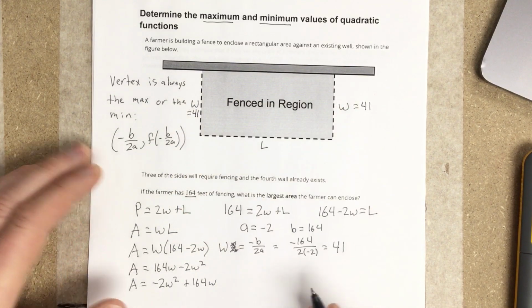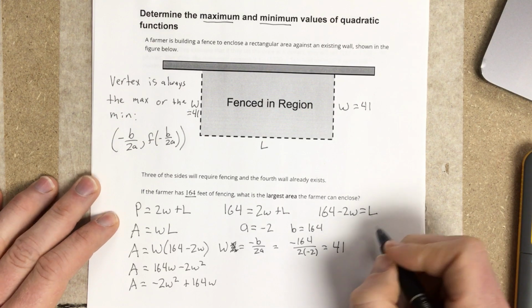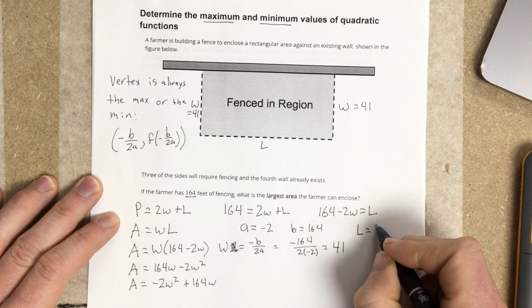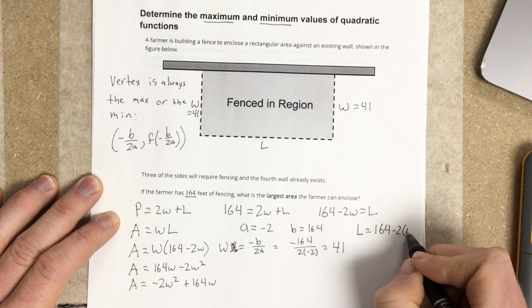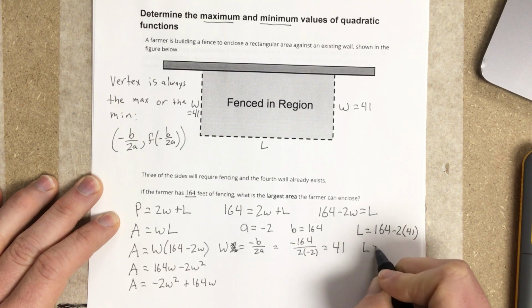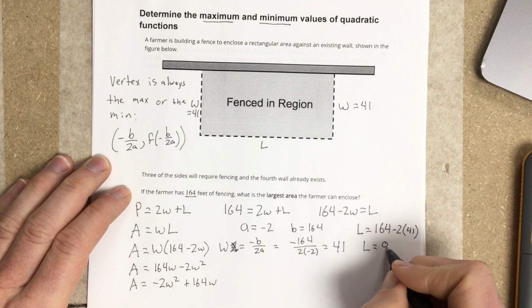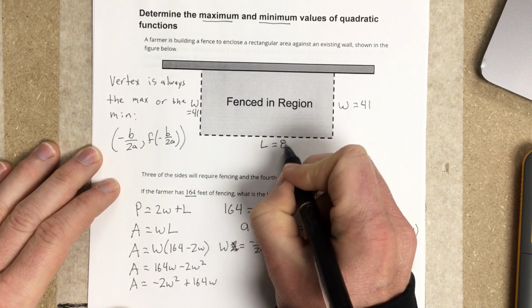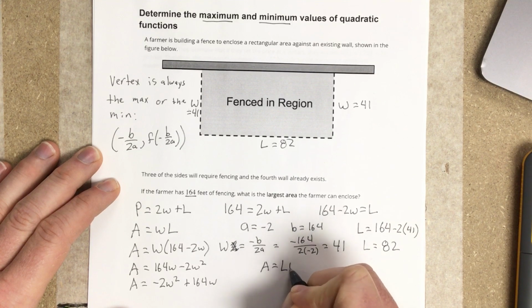Now once I have the width, I can find the length from this equation here. If my width is 41, then the length is equal to 164 minus 2 times 41. So my length is going to equal 164 minus 82, which is 82. So now I know my width and my length. That means I can find my area because it's length times width.